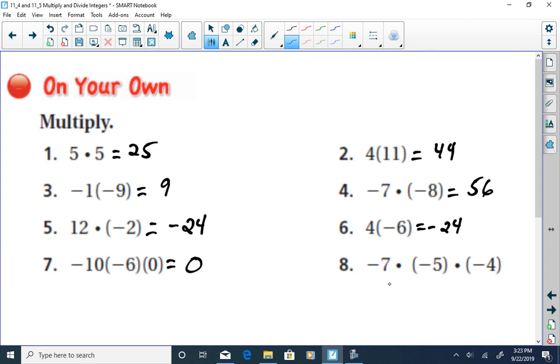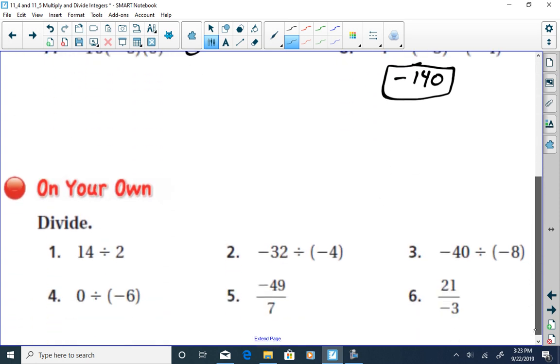In this last example, I have an odd number of negative factors, so I know my product is negative. 5 times 4 is 20, and 2 times 7 is 14, so that's going to be negative 140. There I just used my commutative property, where I changed the order of my multiplication.